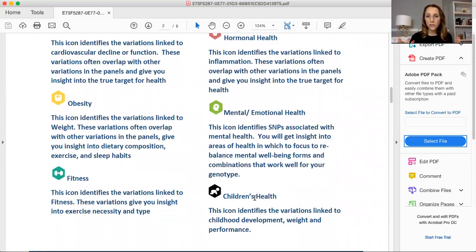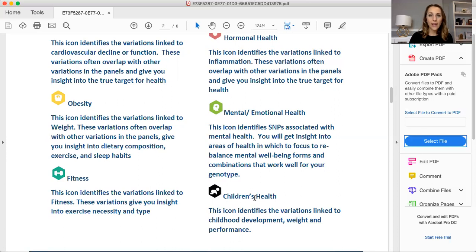So again, when you're looking through the report and you're looking through to kind of scan quickly, how many reds of the homozygous? So homozygous is going to be where you have two of the same letters next to each other. So the gene may be the AA gene or the TT gene or the GG gene. If it is both homozygous and red, that's going to be of concern to you.